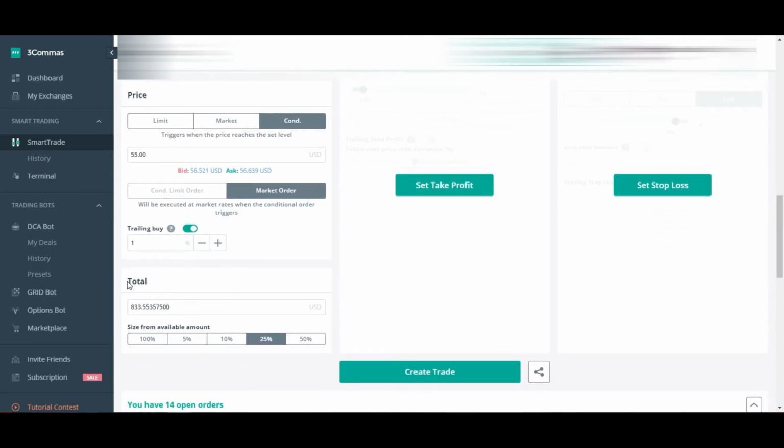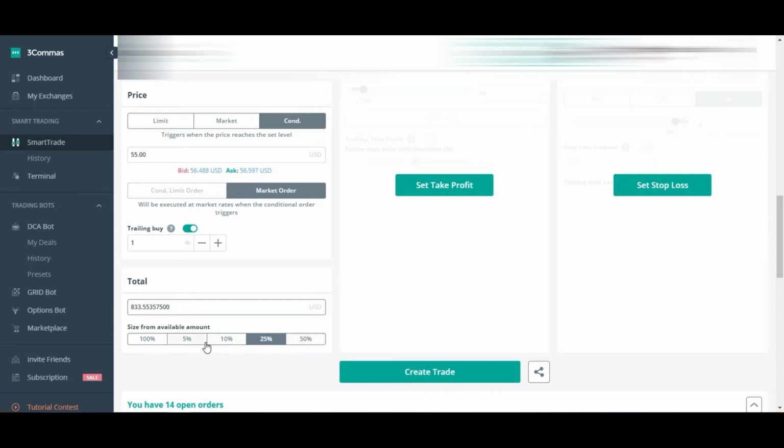Okay. And then down here in the total, this is going to calculate how much you'd like to spend. You can either type in a total if you'd like, or down here they have a customizable size amount, which takes whatever total cash you have selected in your market and divides it into this coin.